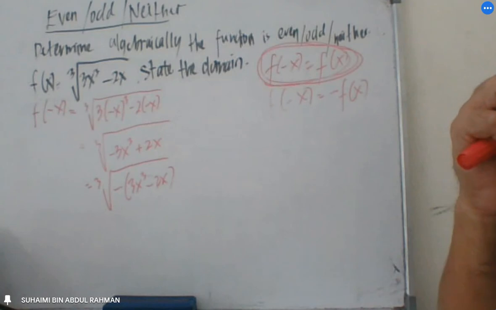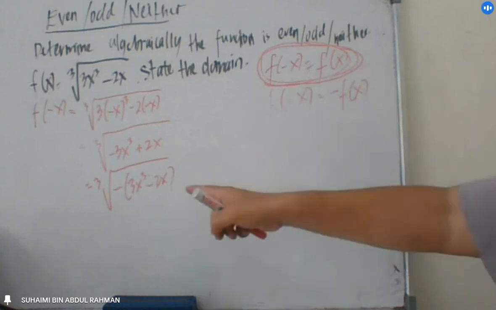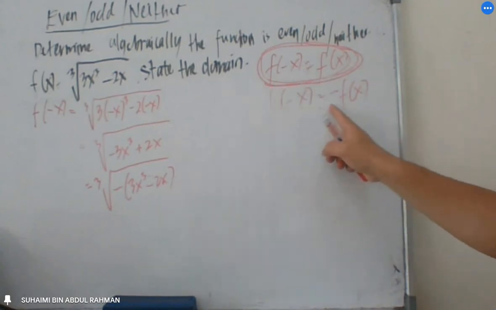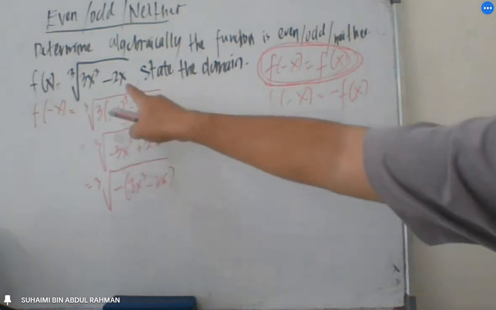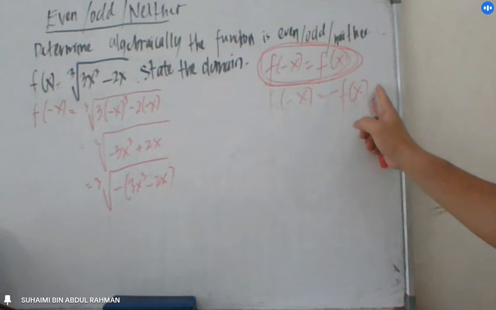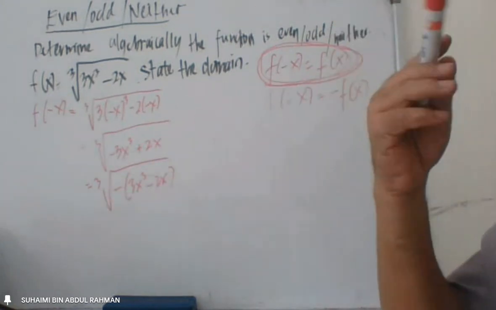Then the function is an odd function, it's the same as this. We haven't proved it yet, right? It's the negative of f(x). Not yet.